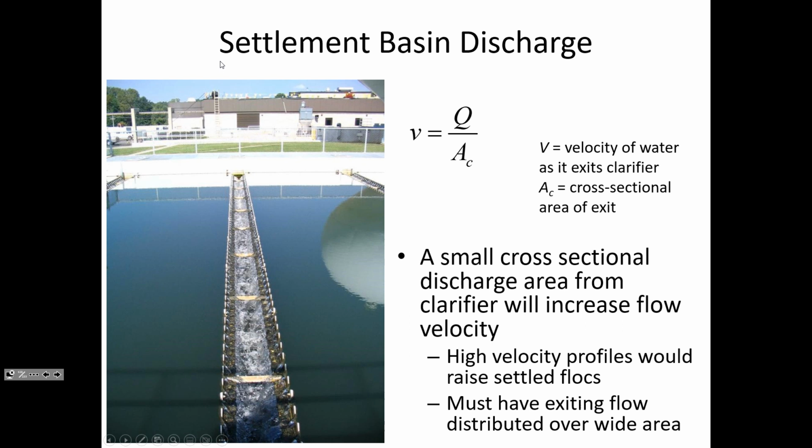Now we have to get the water out of the settling basin after the settling has occurred, and the way to do that without disturbing the floc as it settles down is to have a large cross-sectional area for the exit. So you can't just have a pipe at the end of the settling basin. If you just had a single pipe, then the water would have to accelerate too quickly through there. So think about velocity being flow rate divided by area.